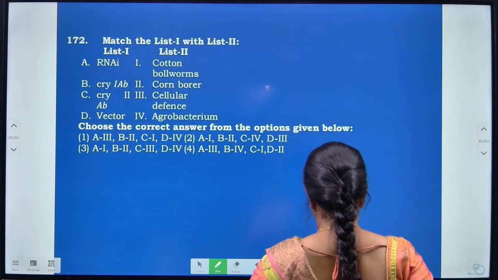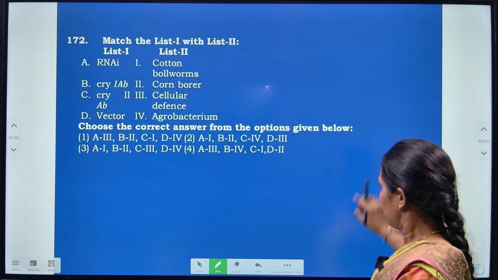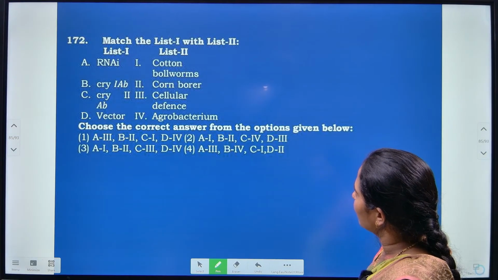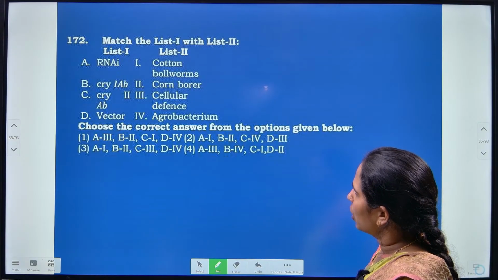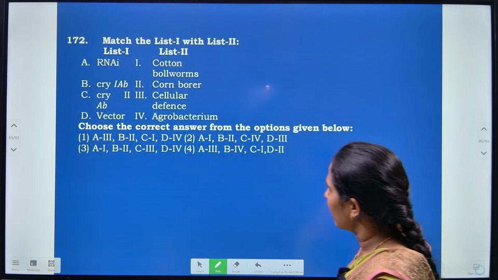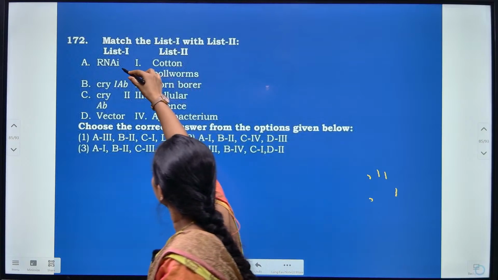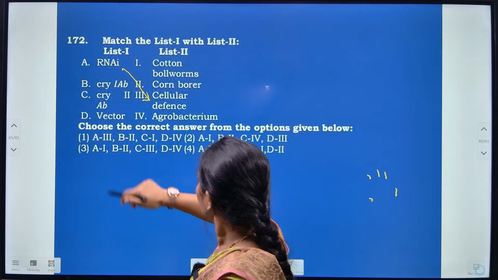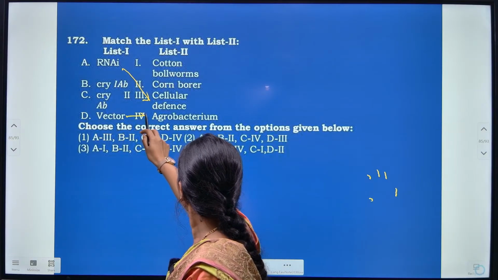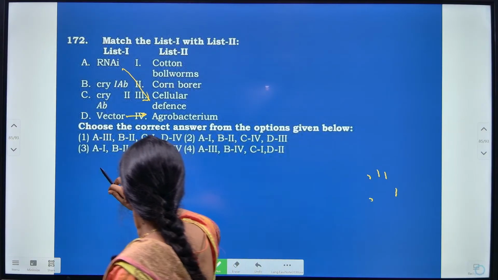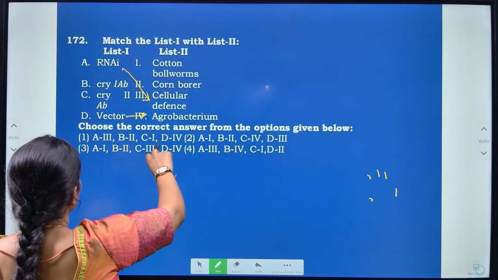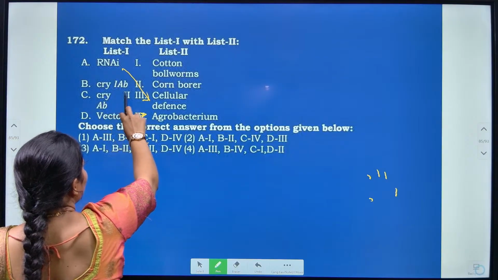Okay. Now here you have to match the following. RNA interference is a cellular defense mechanism here. The vector itself is Agrobacterium here, so A with 3, and B with 2, that is the Cry1Ab protein.